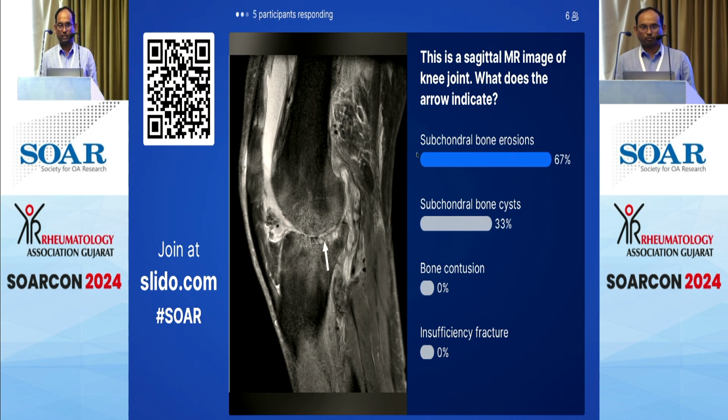These are small erosions, not clear cysts. There is variable signal: in some we see fluid-like signal, whereas in others some intermediate signal. The destruction pattern of the subchondral bone is not uniform, and the margins are quite irregular. So these are subchondral erosions.